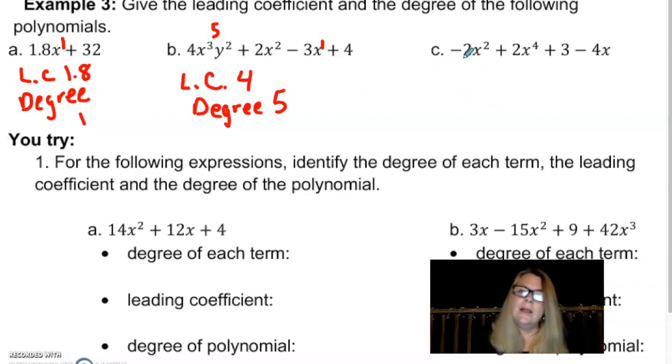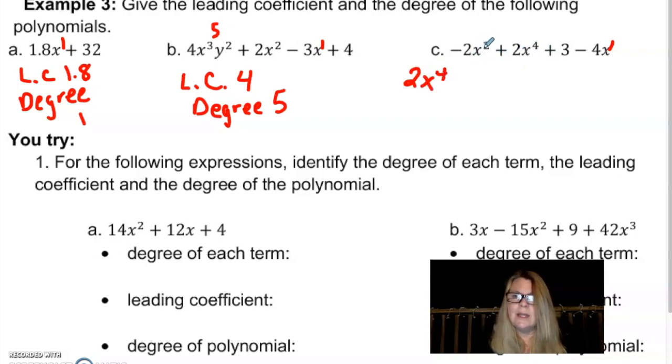Looking at this last example that we have right here, it's not in standard form. If we look at it, we're going 2, 4, 0, 1. I'm going to write the 1 in here. So as we go through that, we want to put it in standard form before we begin. So we start with the highest exponent. So the first term would be 2x to the 4th.